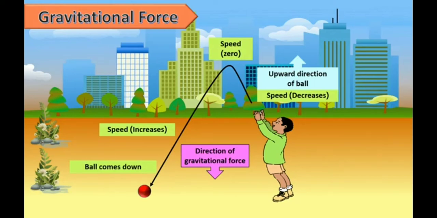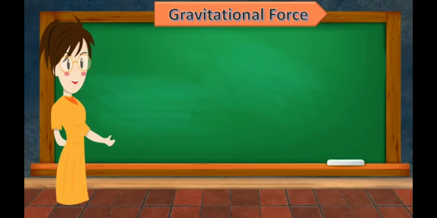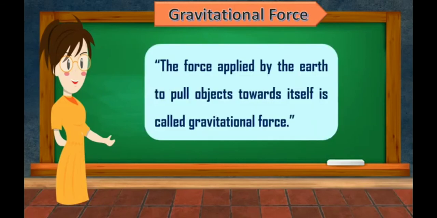When the ball moves up, it moves with the speed applied by the person to throw the ball upward. So what is defined now? Gravitation, the force applied by the earth to pull objects towards itself, is called gravitational force. So the force which is applied by the earth is nothing but the gravitational force.